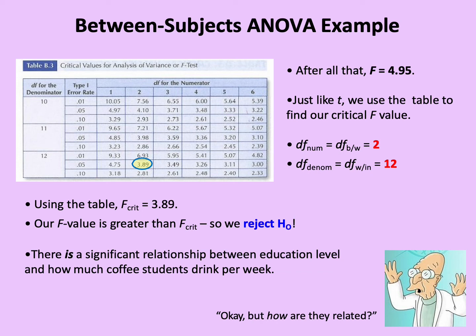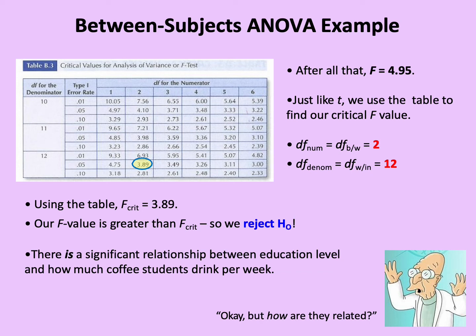But this time we're going to use 2 different degrees of freedom, because remember, we're looking at the variance between groups as well as the variance within groups. So the degrees of freedom between groups is 2, and the degrees of freedom within groups is 12.